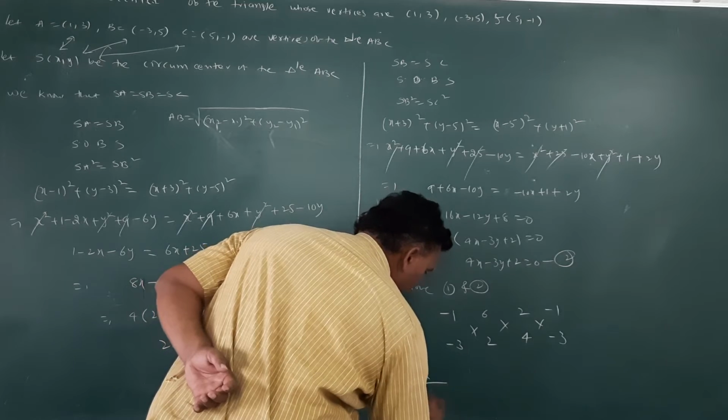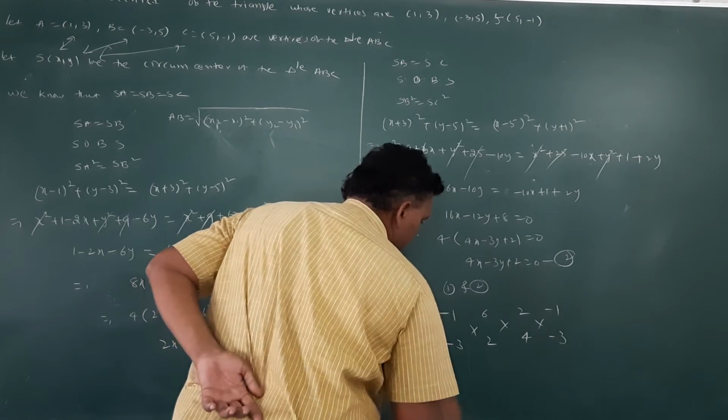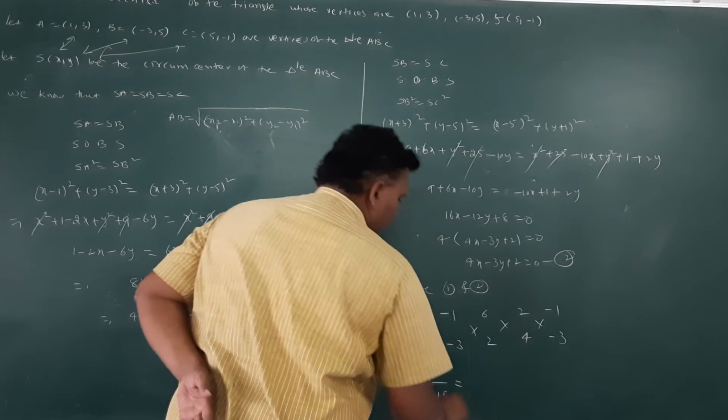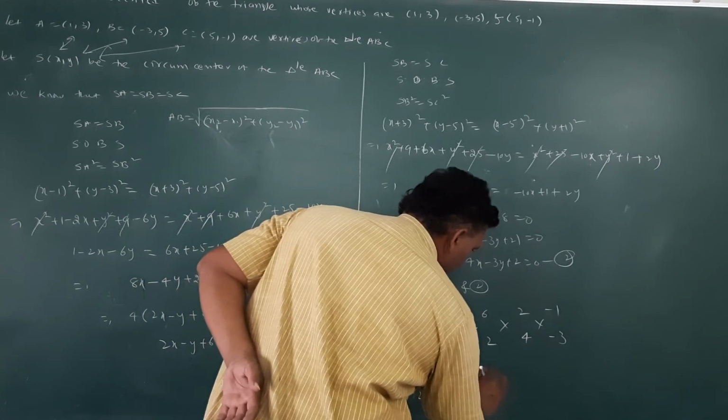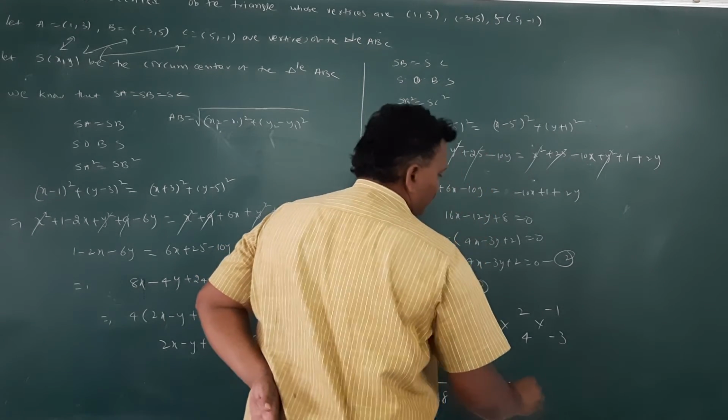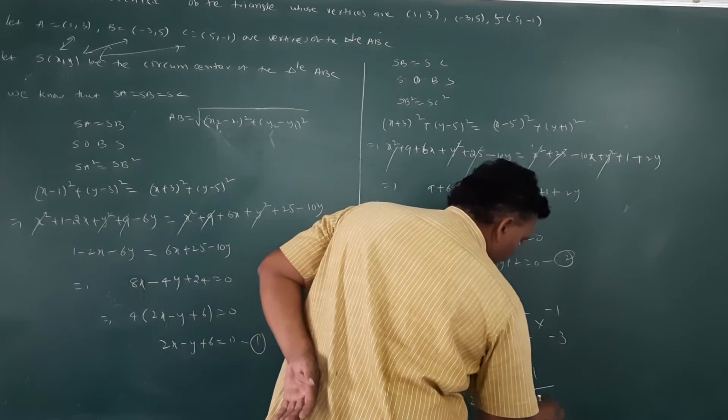x by minus 2, 3 6s are 18. Minus into minus is plus. Next y by 6 times 4, 24. 2 2s are 4. 1 by 3 2s are minus 6.